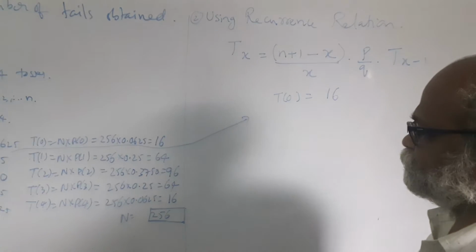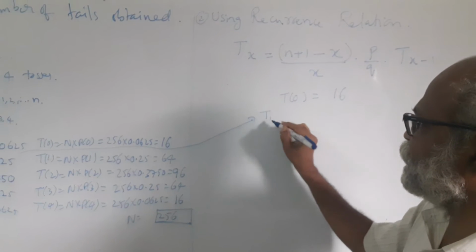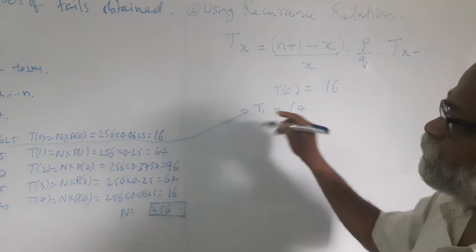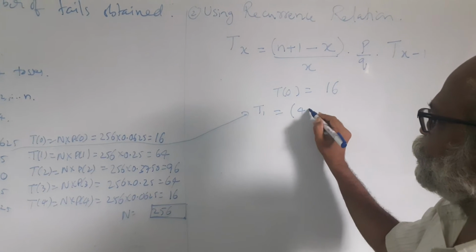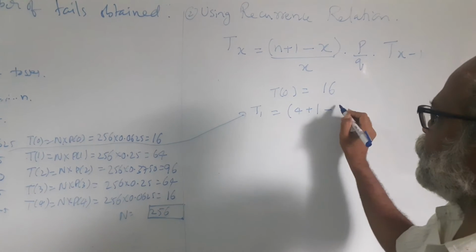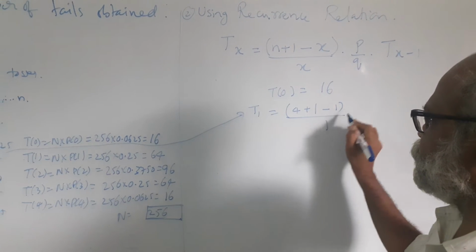You calculate up to T0 using the formula only. So I got my T0 value as 16. Now I calculate T1. My n value is 4, so 4 plus 1 minus the x value, 1, divided by 1.